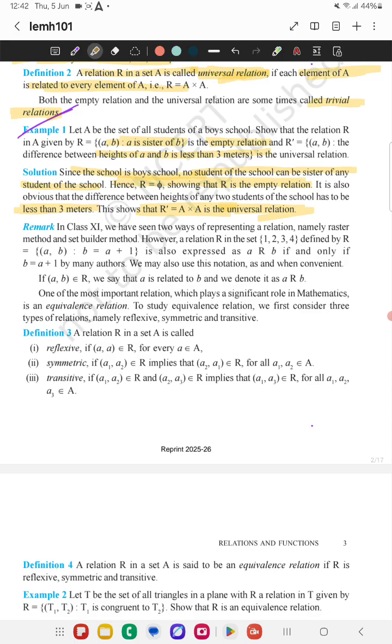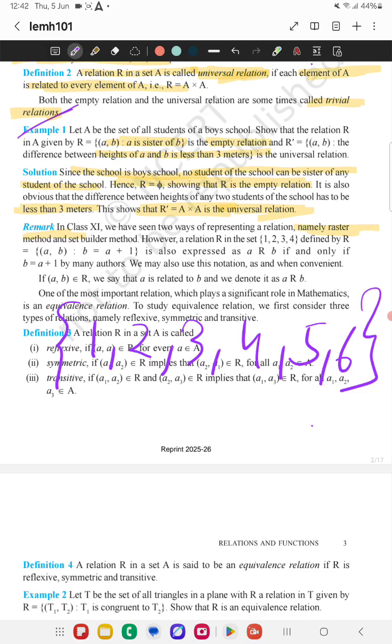Clear? Now there is a remark written in your book that in class 11th we have seen two ways of representing a relation. One is roster form and another is set builder form. Roster form is when you write the relation in curly brackets, separated by commas.